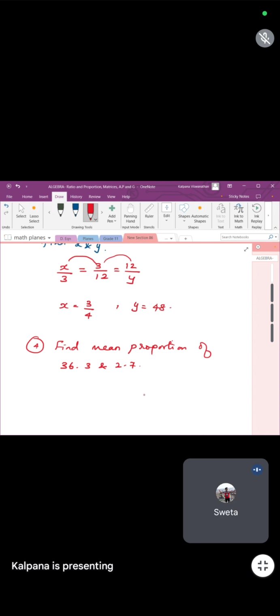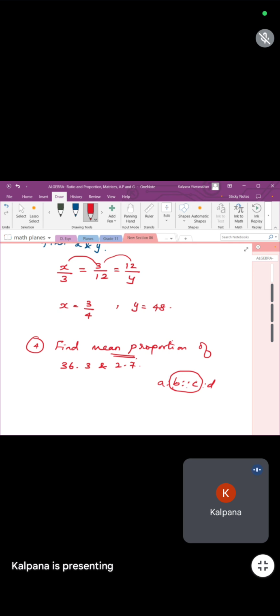So, Miss, first step is to write that x, and write the mean proportion be x. Mean proportion means both the middle values, isn't it? So A, B, C, D. So these both are called the mean proportion. Yes, A is to B is equal to C is to D. This B and C are called the mean proportion. Okay, so they are asking us to find the mean proportion.